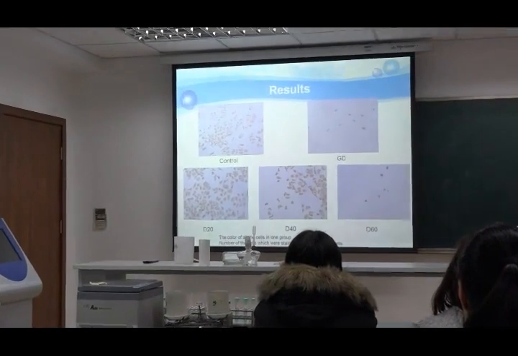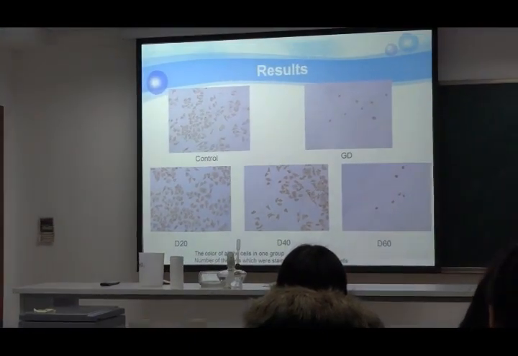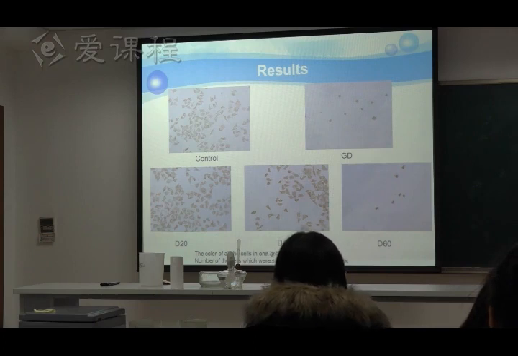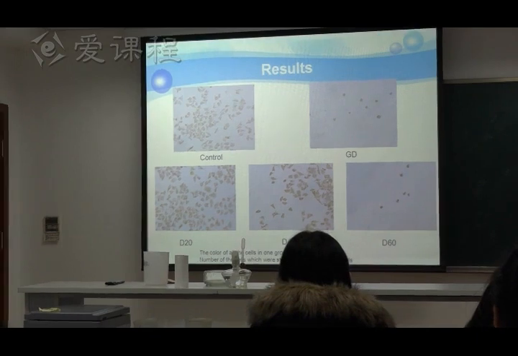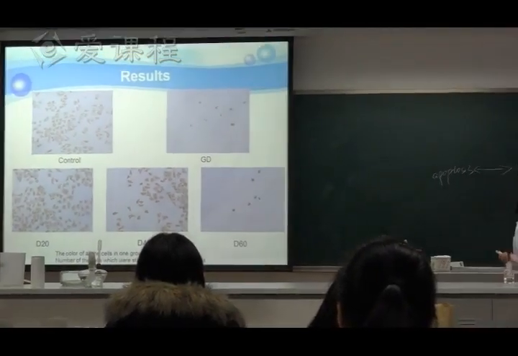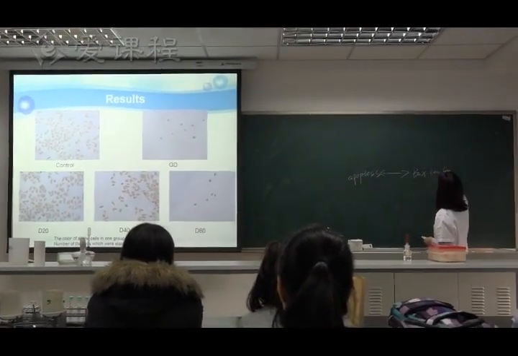And another thing is some students wrote that because of cell apoptosis, we can see the color increased. And that means because of apoptosis, the Bax conformational change happens. This is apoptosis, and this is the Bax conformational change.